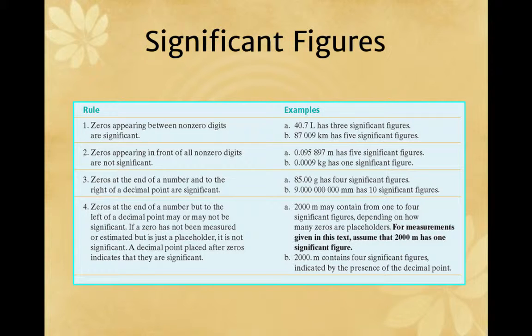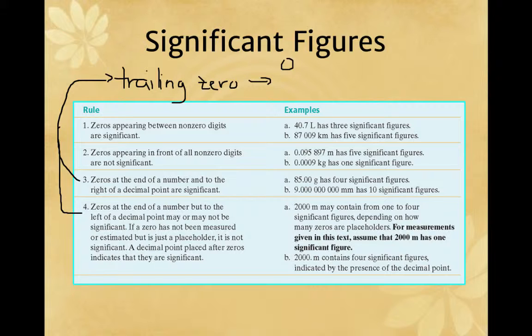And then the last type of zero, in 3 and 4 here, those are trailing zeros. They come at the end of the number. The trailing zero is only significant if a decimal is present.